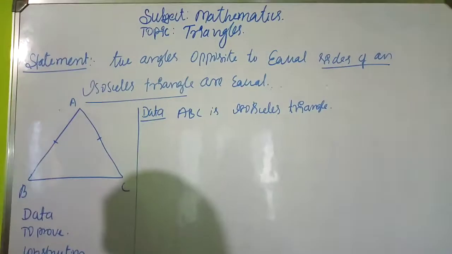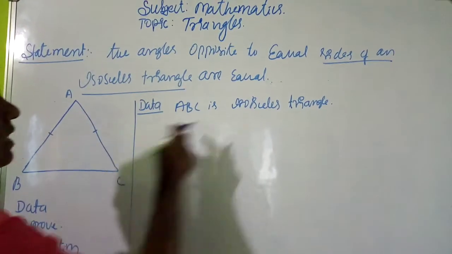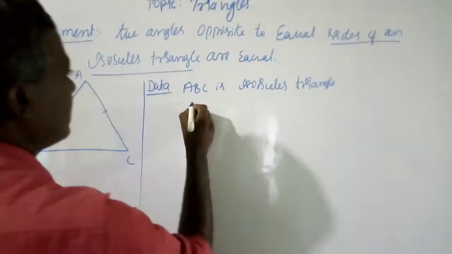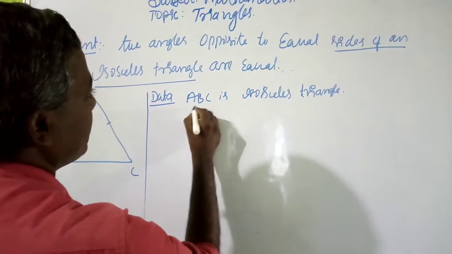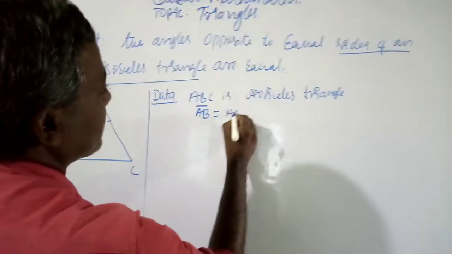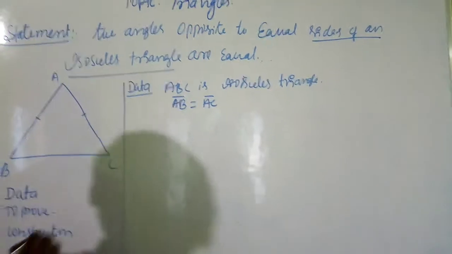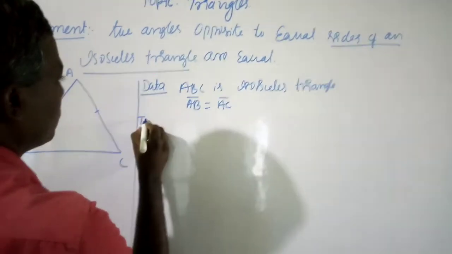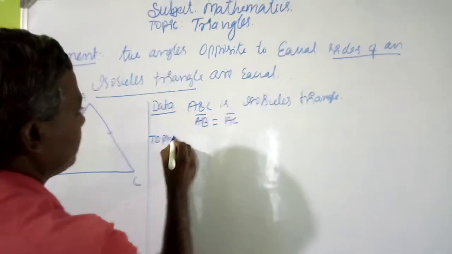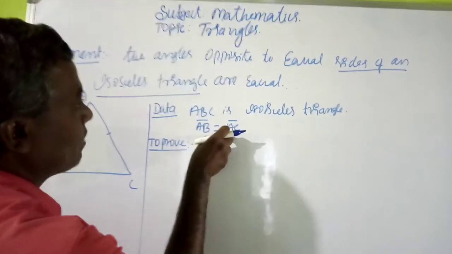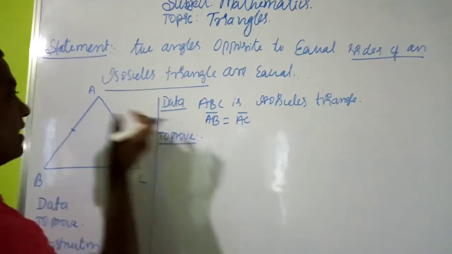In this isosceles triangle, side AB is equal to side AC. This is given in the first half of the statement. Next, the second half of the statement is what we are going to prove: the two angles opposite to these equal sides are equal.